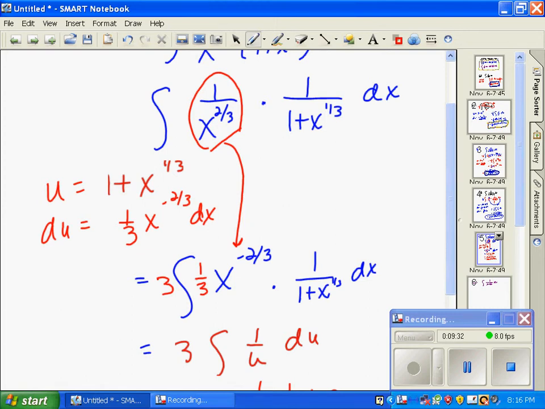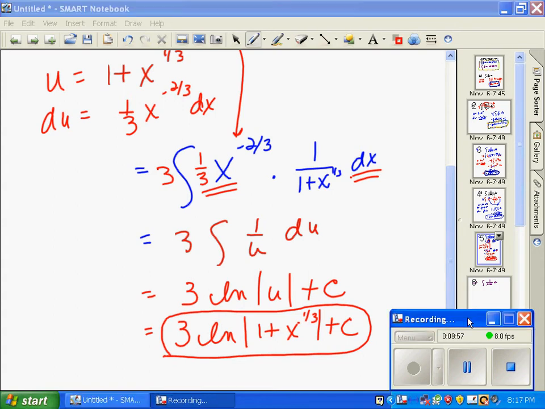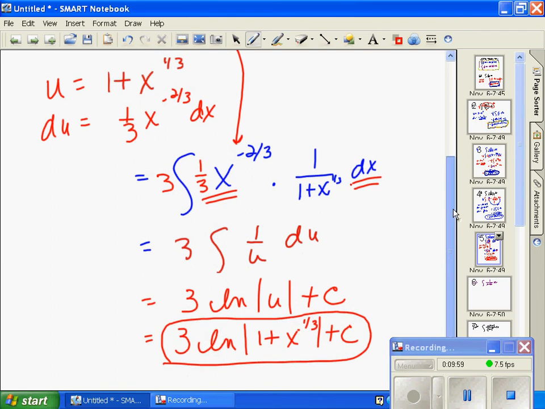So then I could see I needed to multiply that variable by 1/3 so that I would have my du as my double underlined right there. So that means I needed to multiply by 3 out front to make that equivalent. So basically I have 3 times the integral of 1 over u du, my final answer, 3 times the natural log of the absolute value of 1 plus x to the 1/3 plus c. Alrighty?